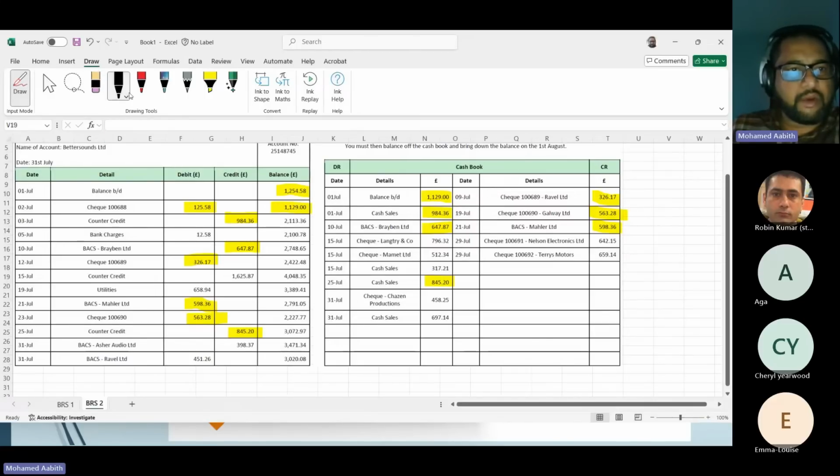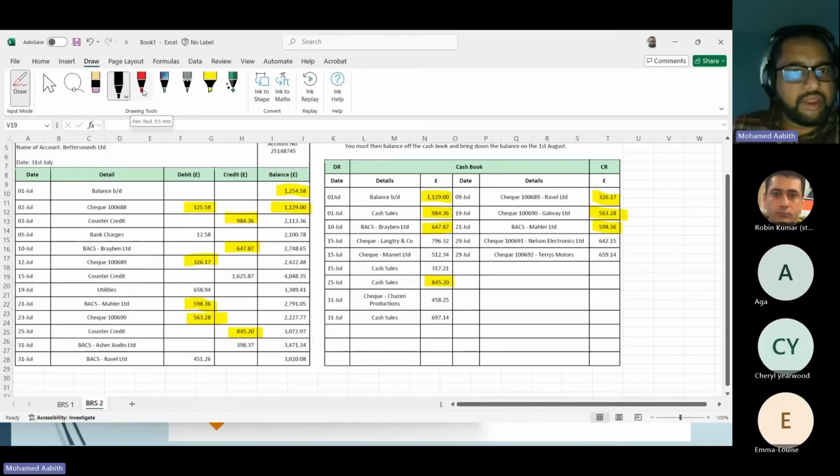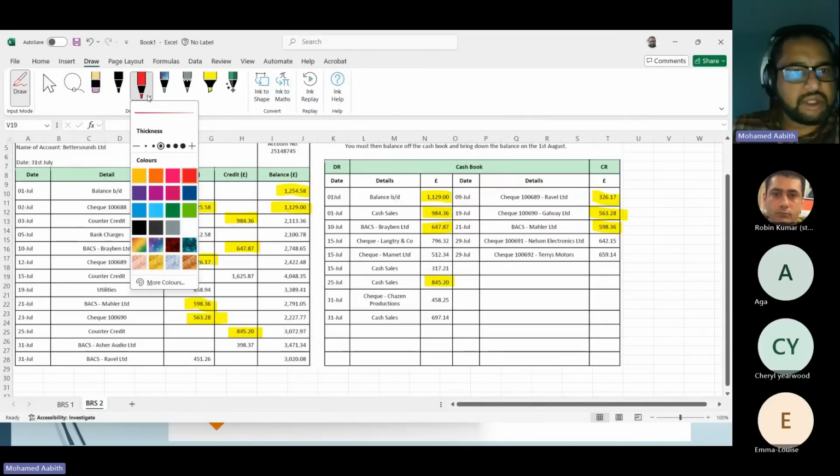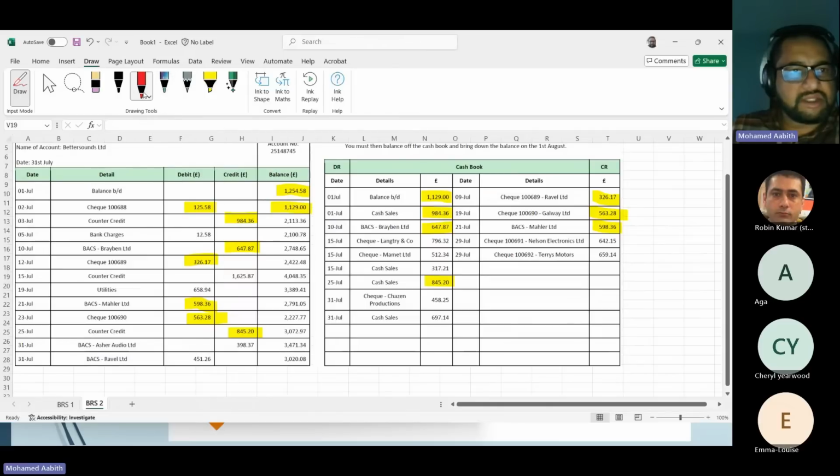Okay, so we can probably draw with that. Can I use that? I saw pencils. I can't draw something else. Okay, draw. Okay, that's fine. So let's see here. Bank charges, utilities, something you may not see until you see the bank statement.